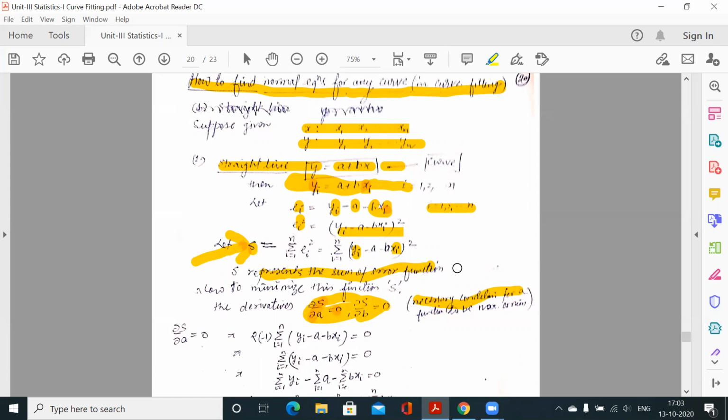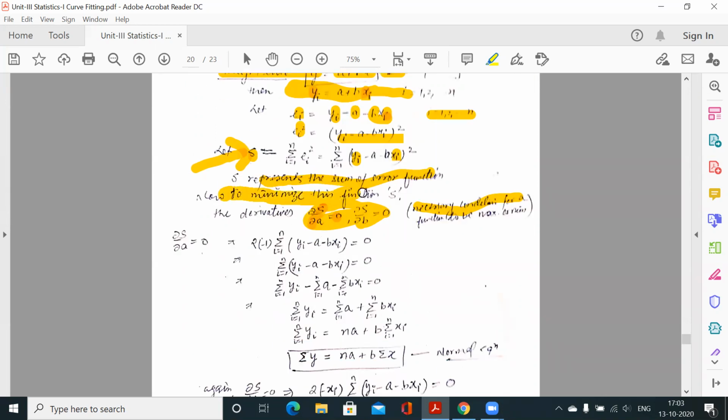For the maximum or minimum of a function of two variables, if you remember, del f over del x is 0 and del f over del y is 0. After solving these equations, we get the points (x, y) where the function would be maximum or minimum. The same concept we are applying here to minimize this function: the first order derivatives del S over del a is 0 and del S over del b is 0, because here we have two unknowns, a and b.